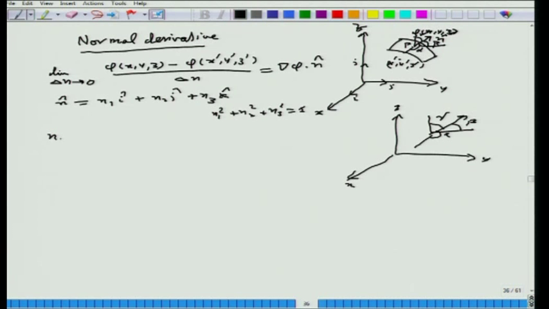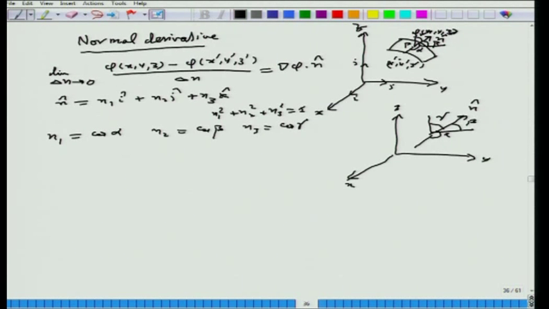So n1 is actually cos alpha, n2 is cos beta, n3 is cos gamma, where this n cap is the unit vector. Here there is a normal to the surface and it makes angles alpha, beta, gamma with the coordinate axes, and so these are the direction cosines given by cos alpha, cos beta, cos gamma.